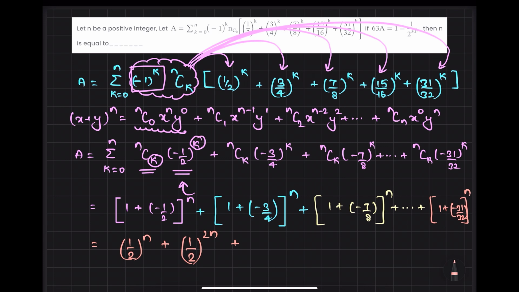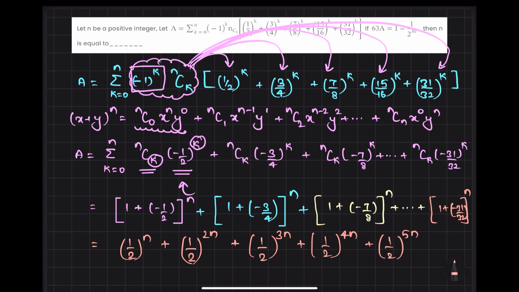So can I say that it is 1 by 2 power 3n, then 1 by 2 power 4n, and this is 32, so 2 power 6? 2 power 6 is 64, so it is 2 power 5. So can I go with 1 by 2 power 5n?